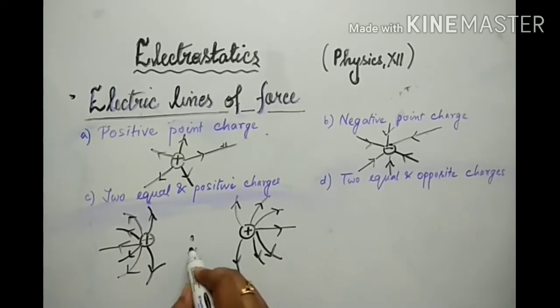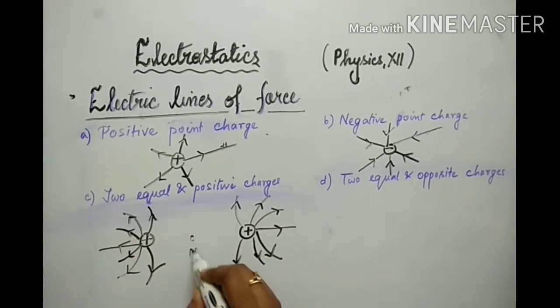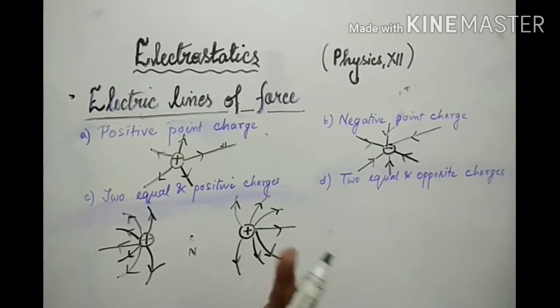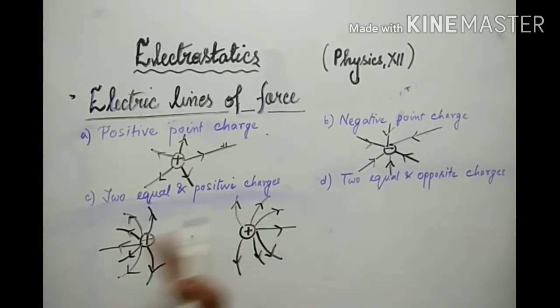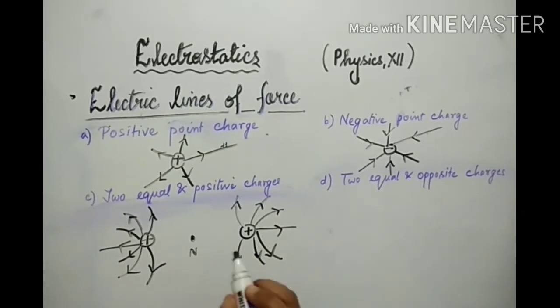There will be a point at the center of these two charges which is known as a neutral point. That is, here there is no electric field, because the mutual fields due to both charges cancel.